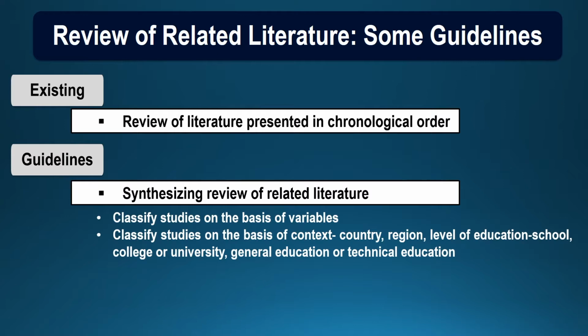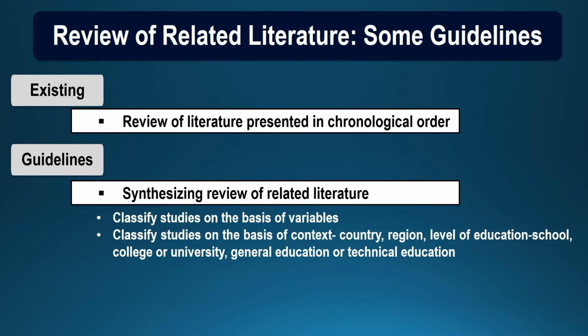So you can make country one parameter for synthesizing the studies, or within a country you can synthesize the research studies undertaken in various regions of the country. Maybe you have Punjab, Uttar Pradesh, or Uttarakhand, or maybe studies conducted in the northern, southern, western, and eastern regions.